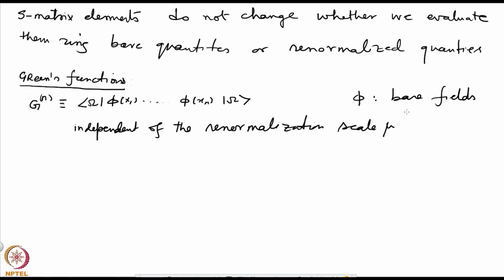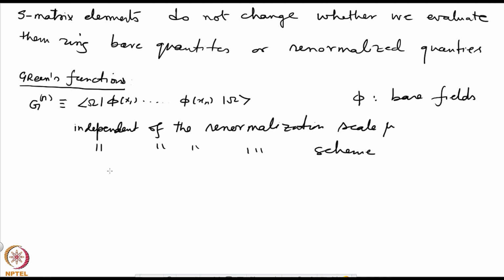Because bare quantities do not depend on mu. There is no mu in the action. Okay, this mu comes when you write the fields and the couplings in terms of renormalized fields and renormalized parameters. Okay, so when you have lambda r, then only you will get mu. But here, because this is in terms of bare quantities, there is no mu. So it doesn't depend on mu, and of course it doesn't depend on any scheme also, independent of the renormalization schemes. We have not subtracted any infinities. Okay, so there is no reason why scheme should affect this.